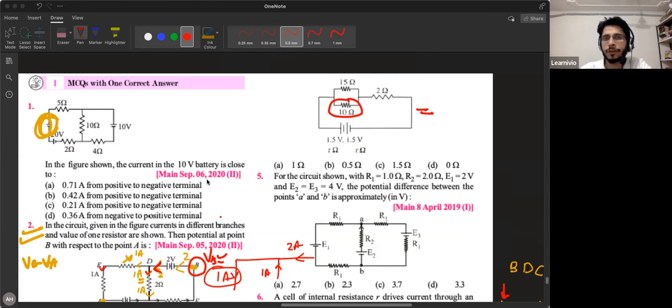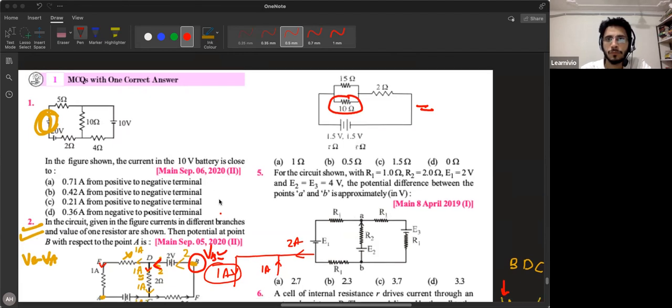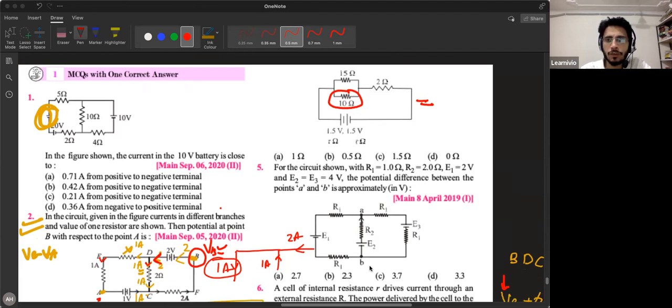Yes, Akshay is correct. Minashi, any answer?